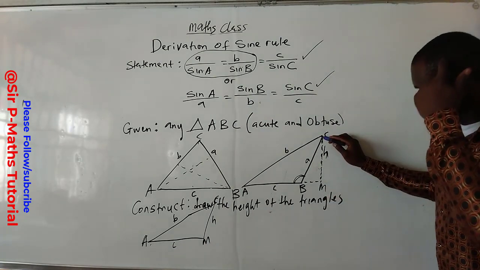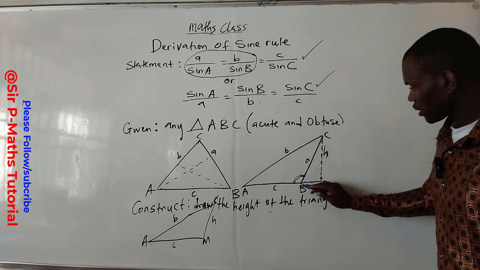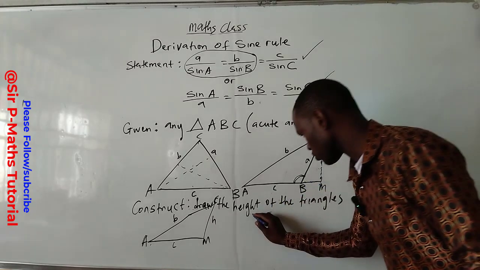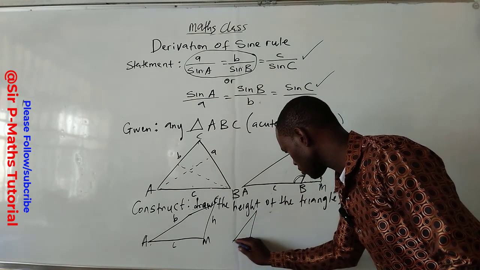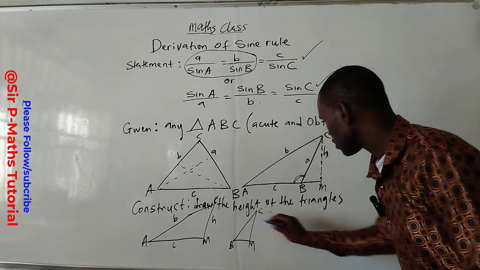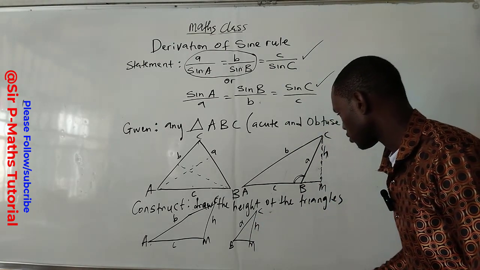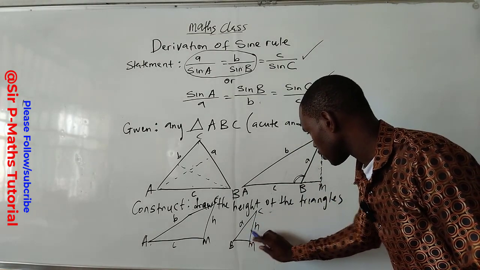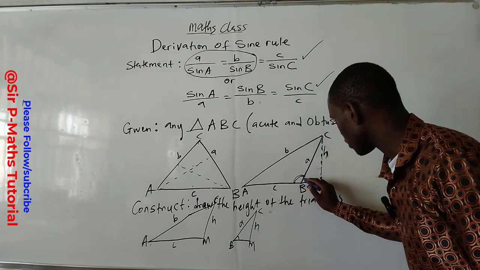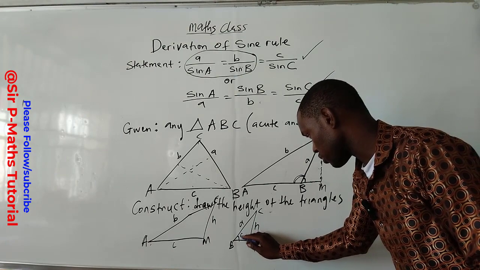Then consider this triangle now, that is BMC. Draw it out also. This is B, M, and C. Whereas here is my A, here remains my h. Okay, then there is an angle here. You can call it whatever, theta.